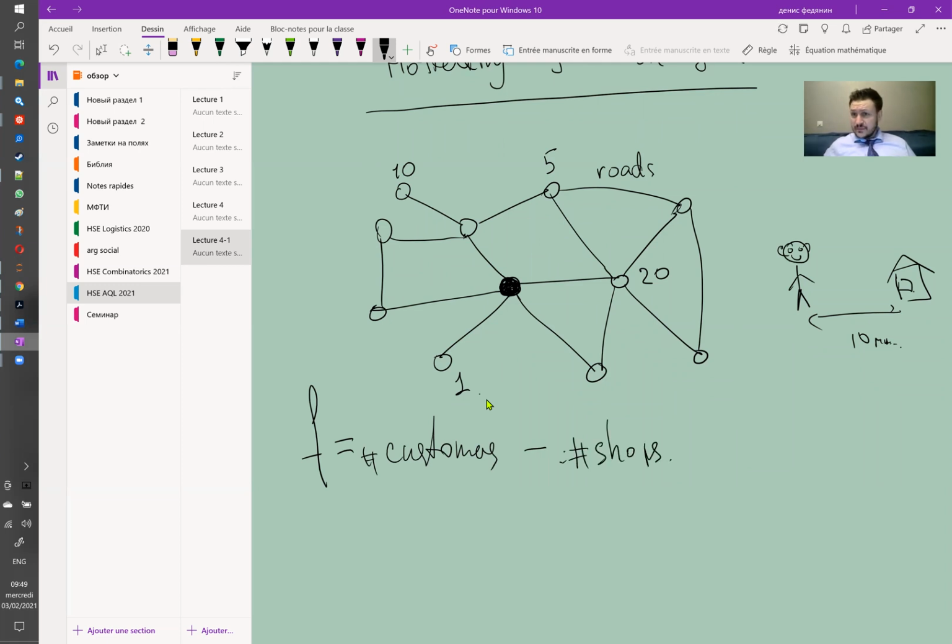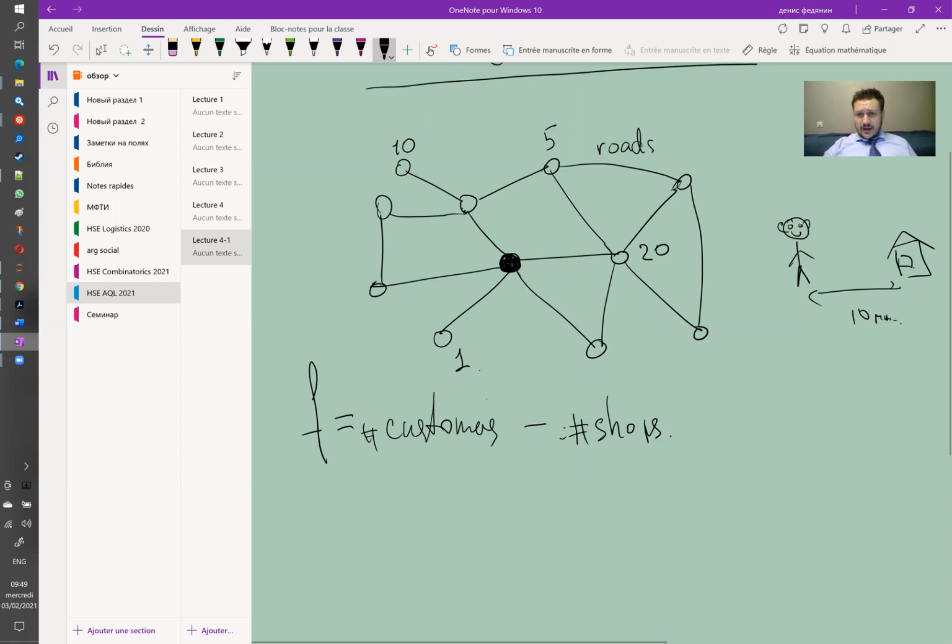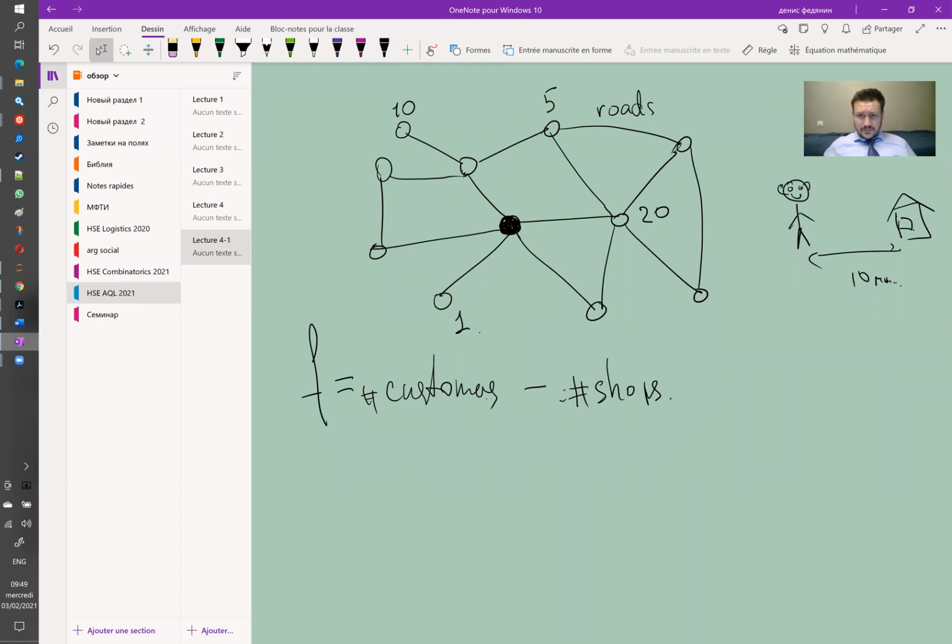And we can say that our shops should not be too far from those customers. For example, it could be only one edge, but I would like to set another problem where we don't have a restriction on edges.